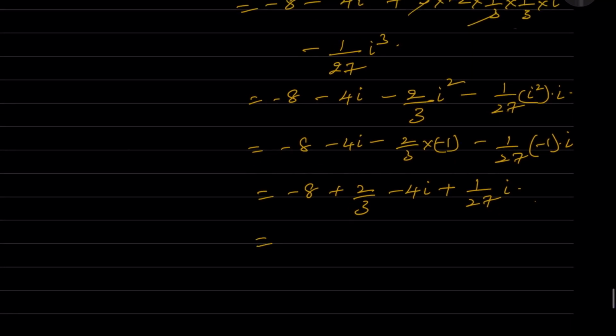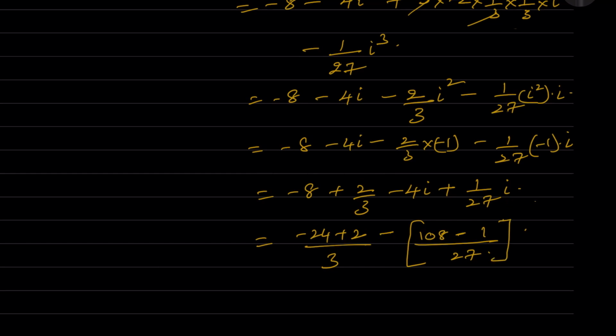So which is equal to, here you can take the LCM as 3. So minus 24 plus 2 over 3, minus, here you are going to get i, here you can take 27 common. So inside the brackets here you will be getting 27 into 4, 4 sevens are 28, so 108 minus 1, into i.